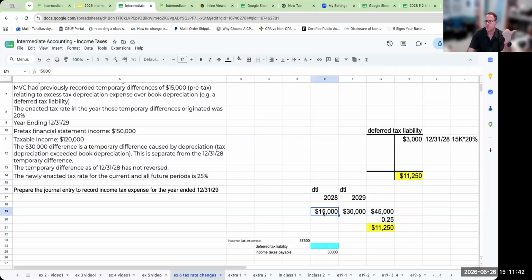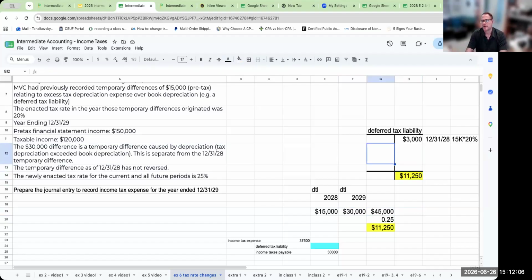Why is that? I had a $15,000 temporary difference from the previous period that is not yet reversed. I've got 30 grand this year from the book depreciation. So my total amount of temporary differences where tax exceeded book was 45,000. So right now, the amount that I should have as my ending balance should be 11,250.